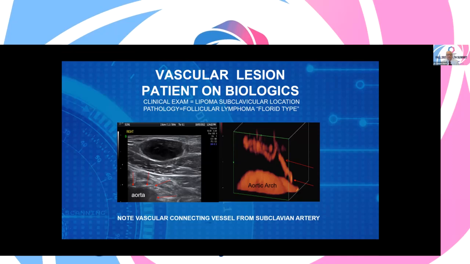This happened to be a follicular lymphoma, which is one of the complications of being on biologics. That's in the packaged literature. It says lymphoma is one of the possible side effects. More importantly, we see that if you try to biopsy this, it's connected to vessels coming from the aortic arch.